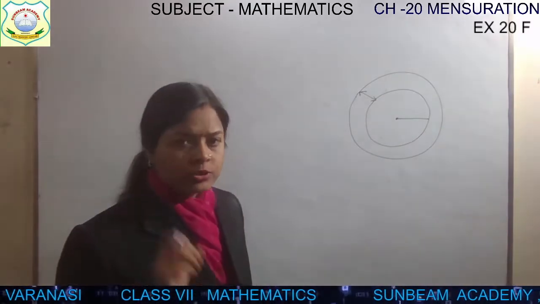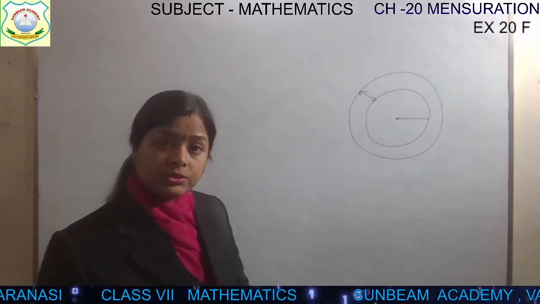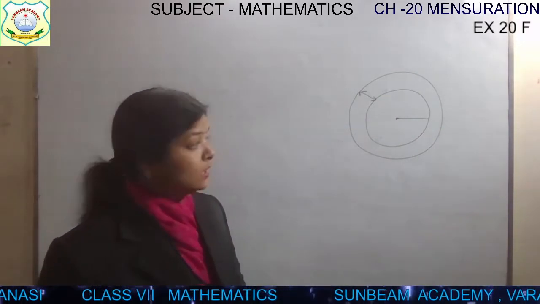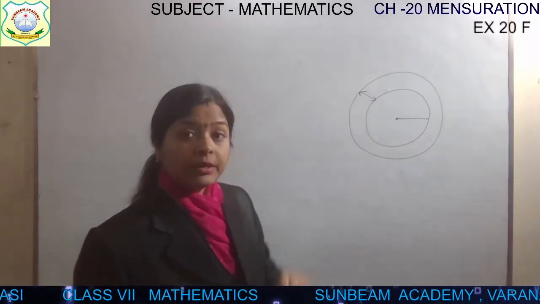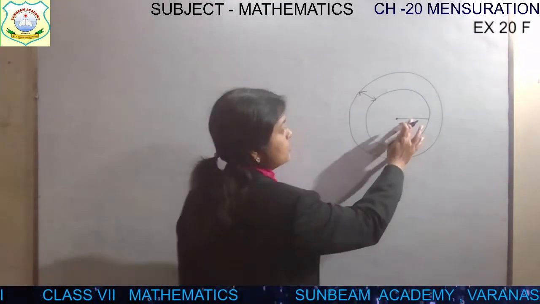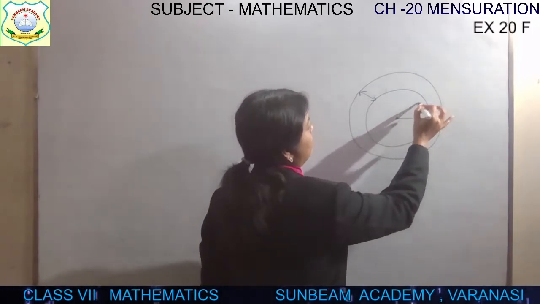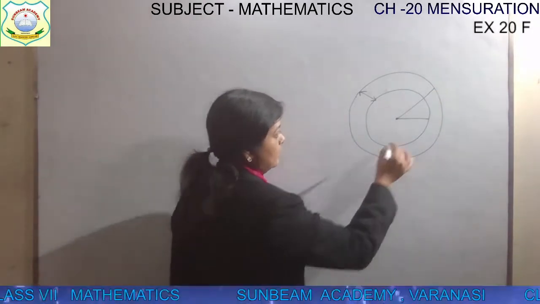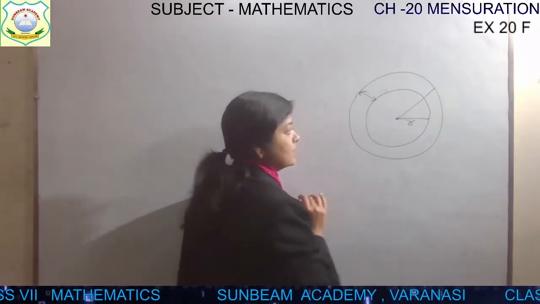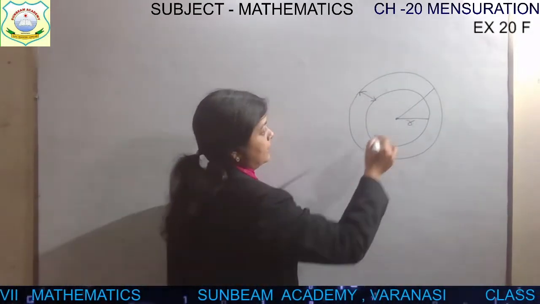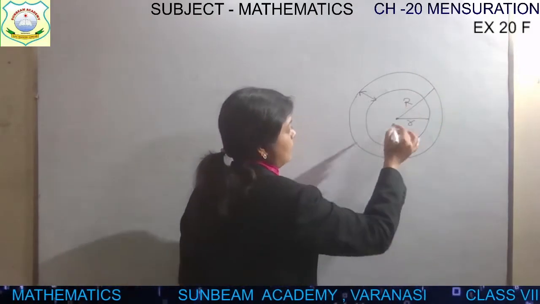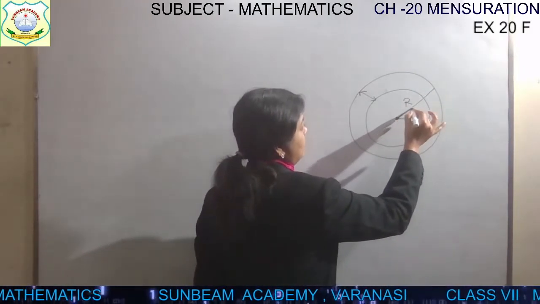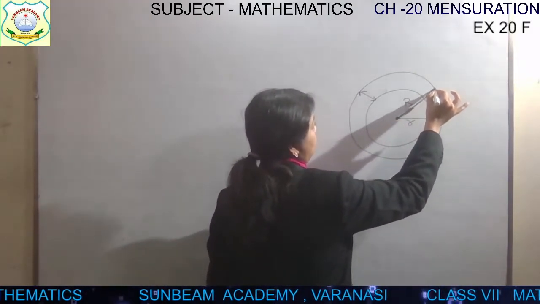Now, first of all, how can we find the width, children? If we know the radius of inner circle and if we know the radius of outer circle. The radius of inner circle is small r and radius of outer circle is capital R, from the center till the point on it.